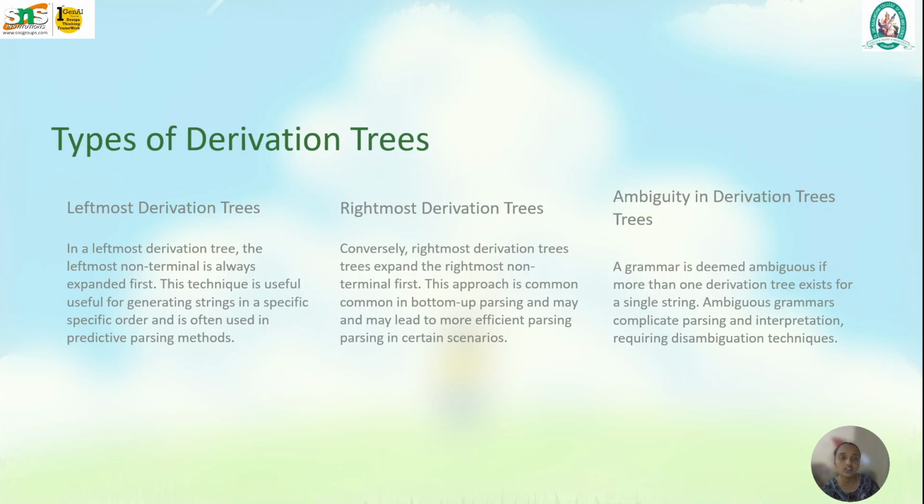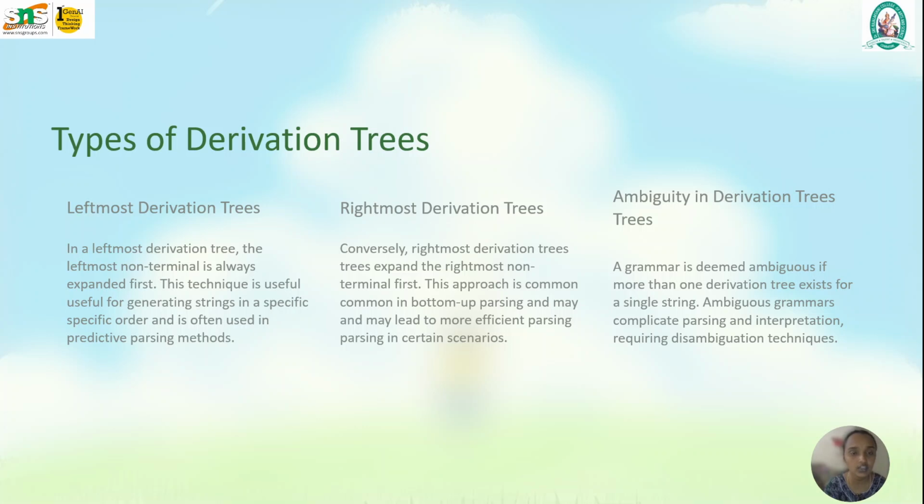Whenever we represent a statement as a tree, there are two types, right and left. Leftmost derivation means the leftmost non-terminal is expanded first. That is called leftmost derivation.